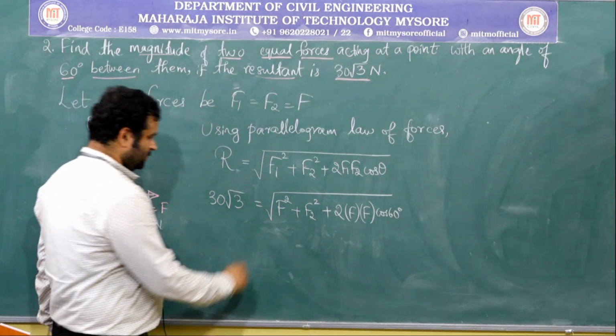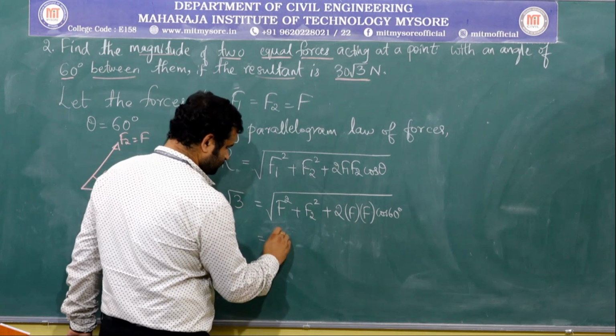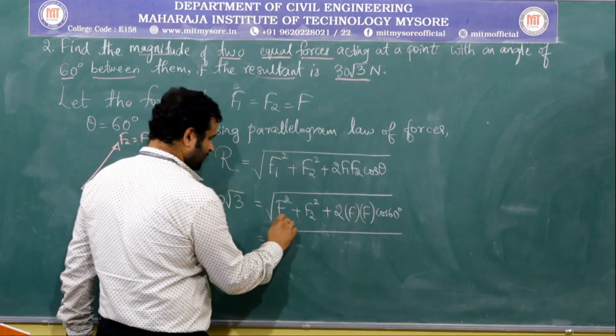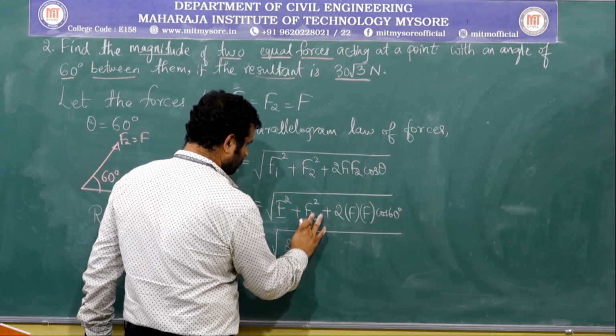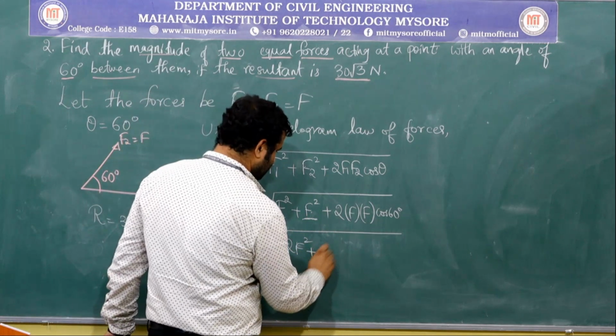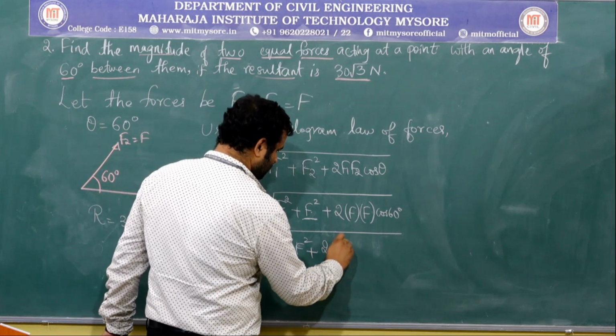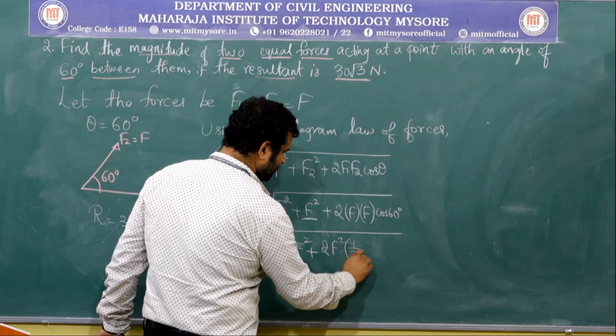Okay, that is equal to F square and F square, it is 2F square, plus 2 F square into cos 60, which is nothing but 1 by 2.